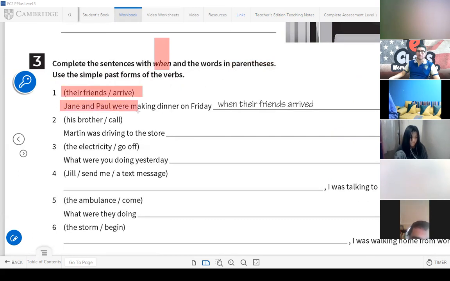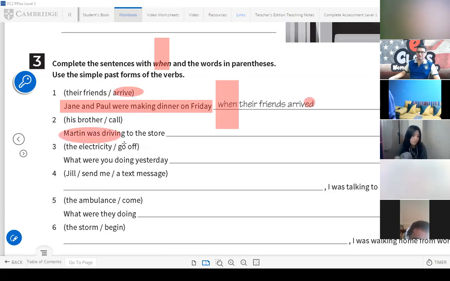Dice, Jean Paul were making dinner on Friday when their friends arrive. ¿No? Ahí está. Le agregas when y simplemente escribes esto en pasado. Their friends arrived. El pasado de arrive, arrived, con la letra D al final. ¿Ve? The friends arrived. ¿Ya?